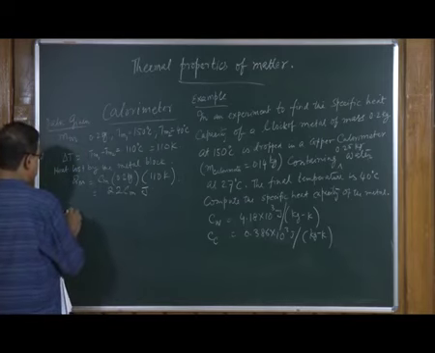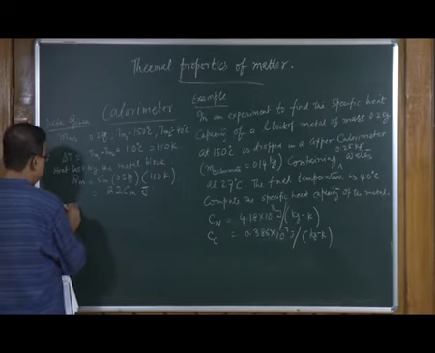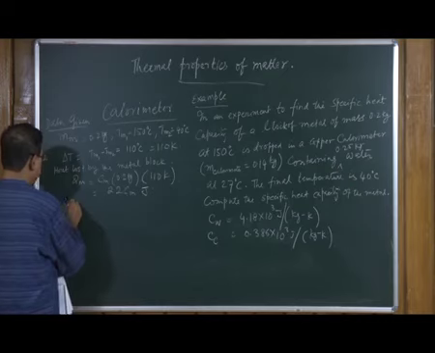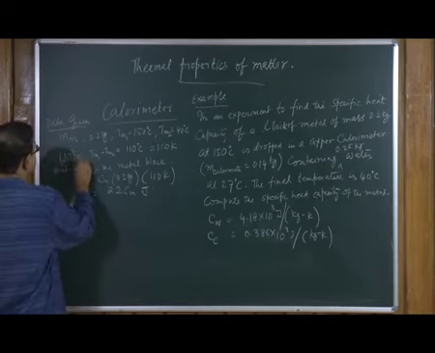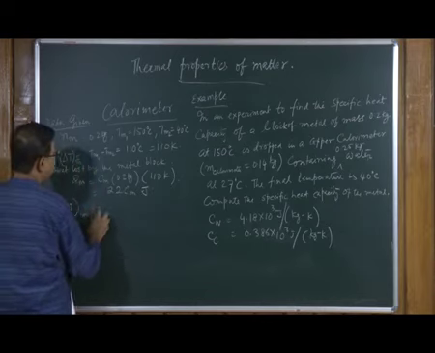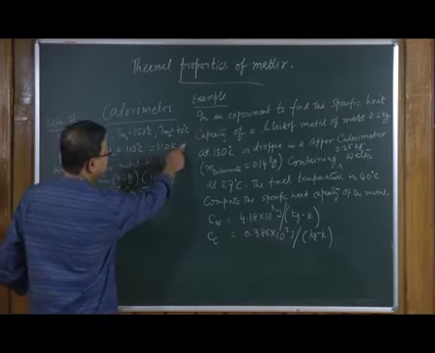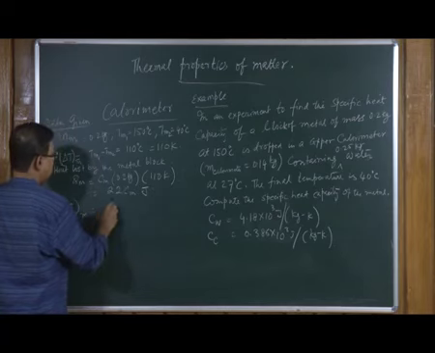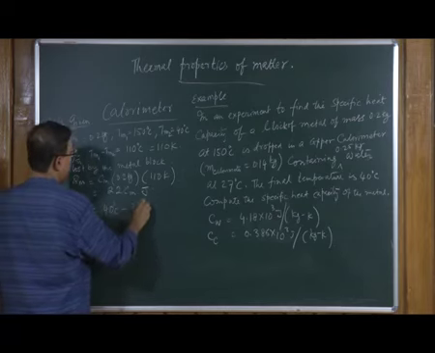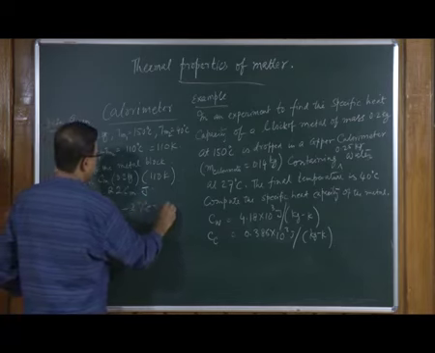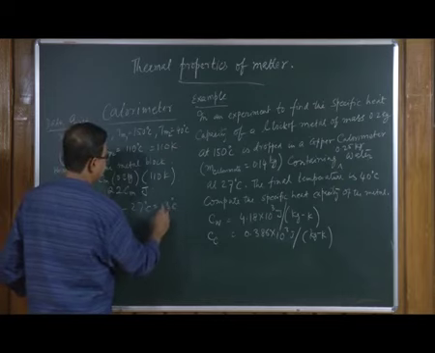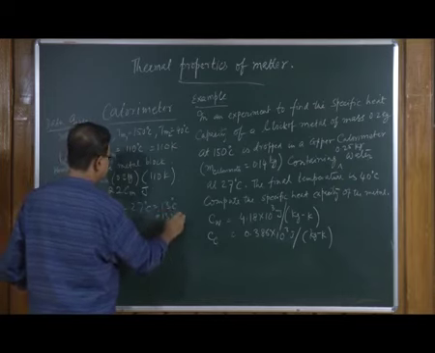For the temperature difference for both calorimeter and water, delta T, this one was for the metal. So, this is 40 degree centigrade minus 27 degree centigrade, which is equal to 13 degree centigrade, which is nothing but equal to 13 Kelvin.